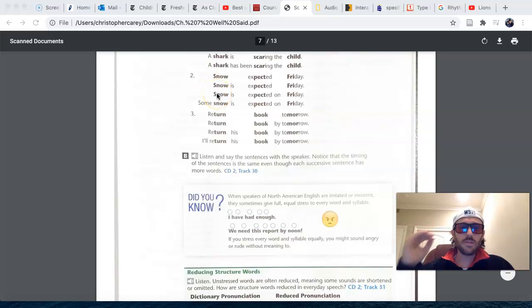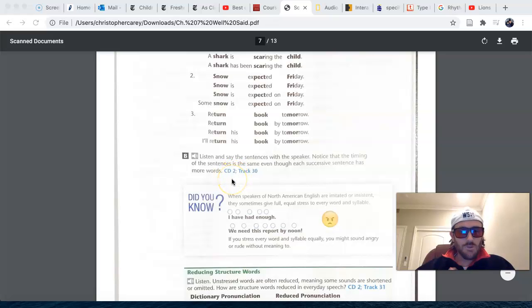Still have three strong beats for these content words, even though we're adding function words. All right, last one together. Return book tomorrow. Return book by tomorrow. Returned his book by tomorrow. I'll return his book by tomorrow.